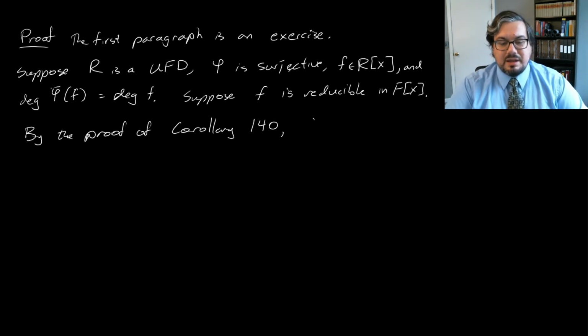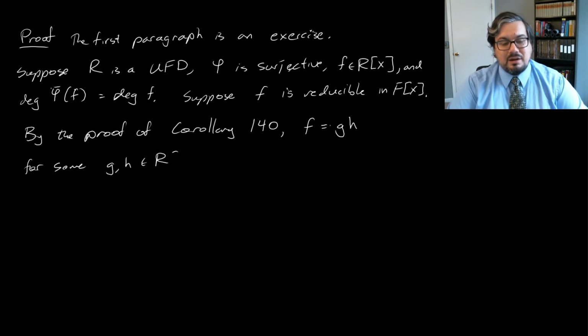So by this proof, f is equal to g times h for some g and h in R adjoin X, where the degree of g and the degree of h are each at least 1.